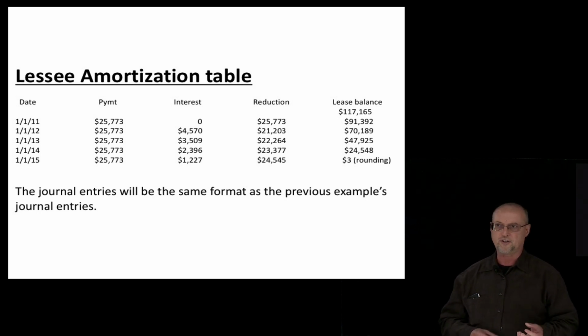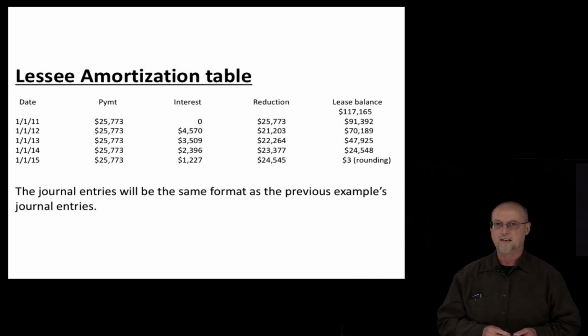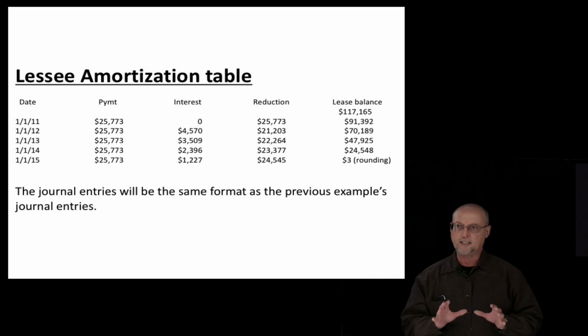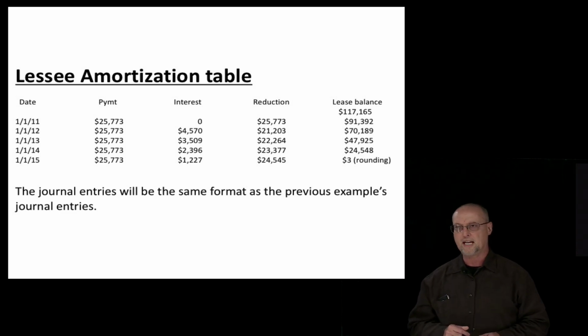We subtract the interest from the payment of $25,773, and the lease liability will be reduced by $21,203, and $91,392 lease balance minus $21,203 leaves an end-of-year lease balance of $70,189. So again, take a few minutes to reconstruct these numbers, and then comparing this to the earlier example, I'm going to ask you to prepare the journal entries.